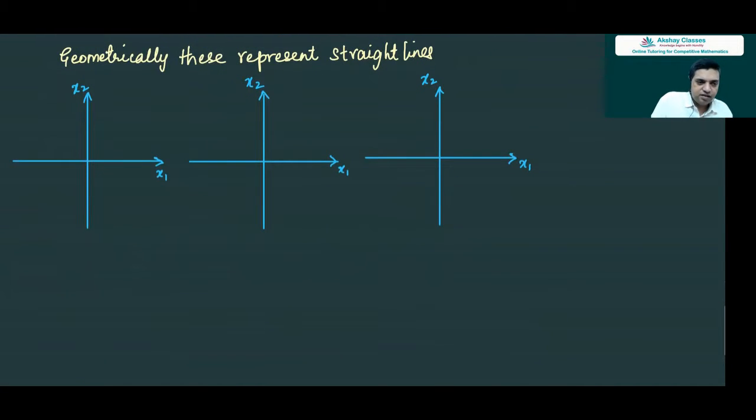Delta not equal to 0 means I get a11 a22 minus a12 into a21 is not equal to 0, which implies take this to the other side and bring one over the other. a11 by a12 is not equal to a21 upon a22.